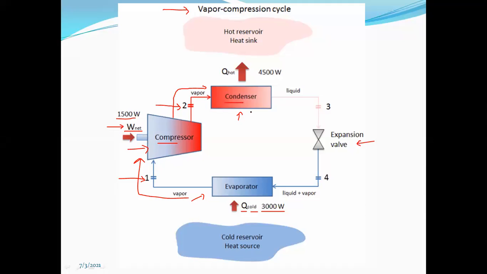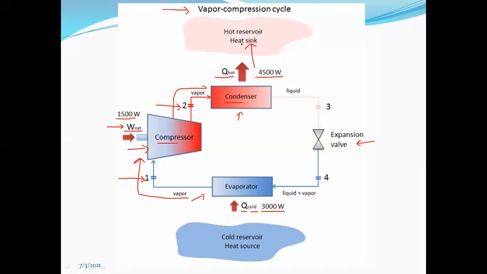Now the condenser condenses the vapor to form liquid, and due to the condensing action of the condenser, heat of 4500 watt is absorbed from the substance and transferred to the heat sink, that is the hot reservoir. That's why it is shown by a red arrow, that is Q hot.